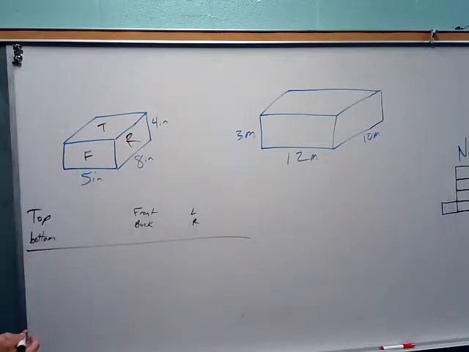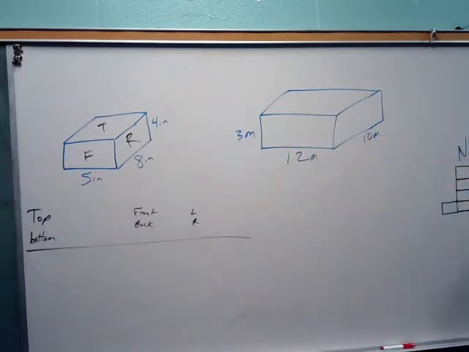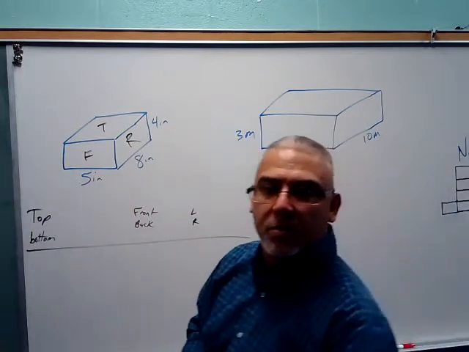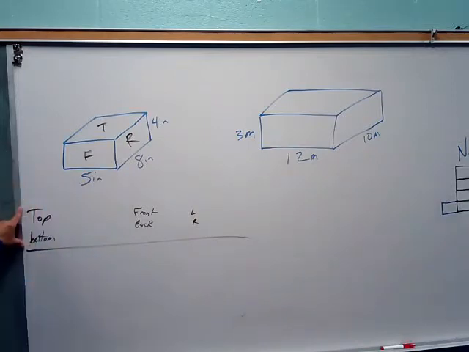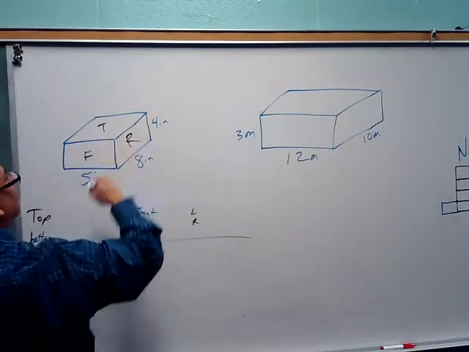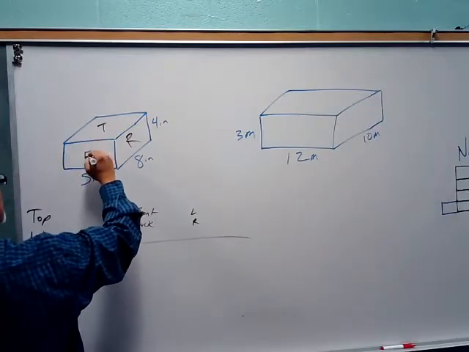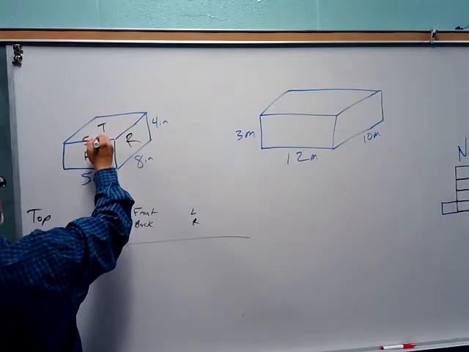So I got to look at this and figure out, where do these numbers come from? Now I said top and bottom, so if this is my top, what number is this and what number is this? Well, if you bring it up, that's going to be a 5 IN.